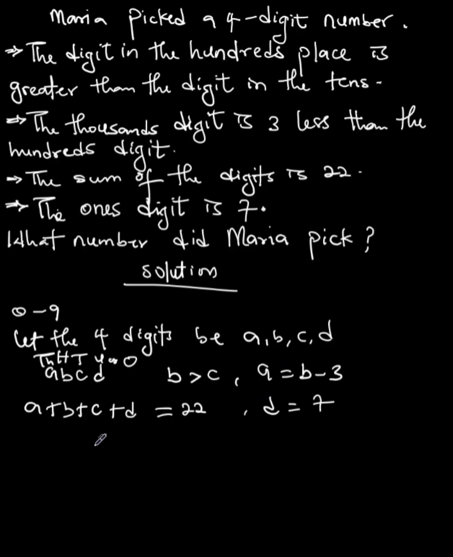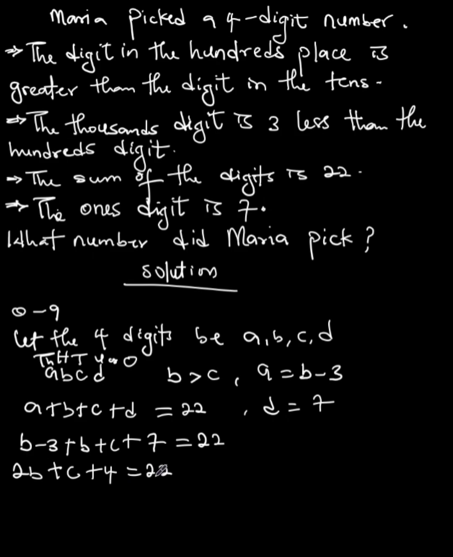Now let's write out our complete equation. A is B minus 3, so instead of A, we put B minus 3, plus B plus C plus D, which is 7, equals 22. Now B plus B is 2B, plus C, minus 3 plus 7 is plus 4, equals 22.